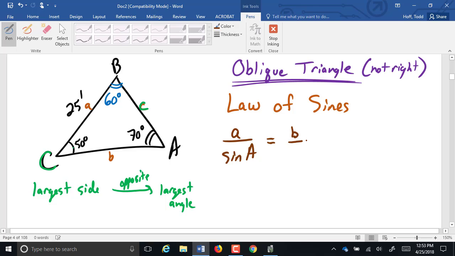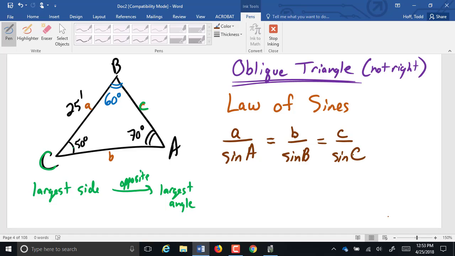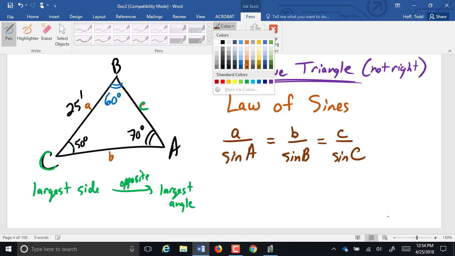So the length of side B divided by the sine of its opposite angle, angle B, is the same as the length of side A divided by the sine of angle A, which will also be the same as the length of side C divided by the sine of angle C. Now, some textbooks write it the other way, sine of A over little a, sine of B over little b, and so on. It doesn't matter. It's the same ratio either way. I just like it this way because for some reason it's more comfortable to me.